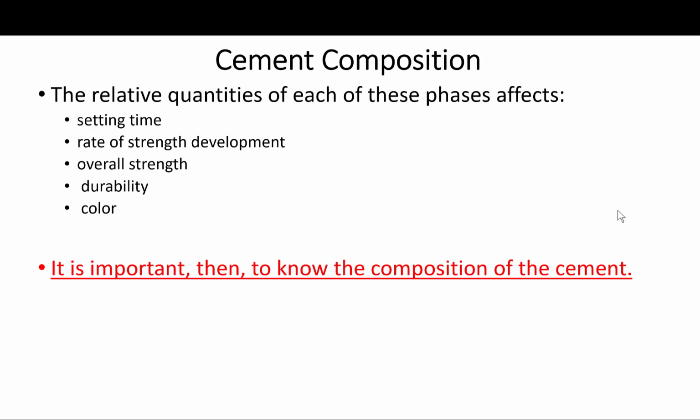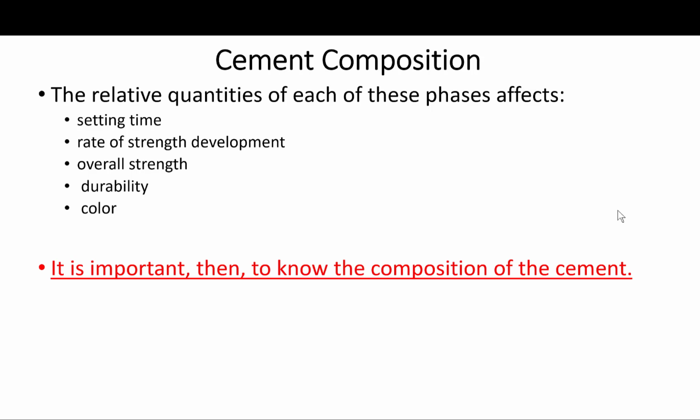So it is really logical, knowing the contribution of all these phases, to assume that relative quantities of these phases will affect the properties of the hydration products, the cement pastes and the concrete. As follows: the relative quantities of these phases will affect the setting time.